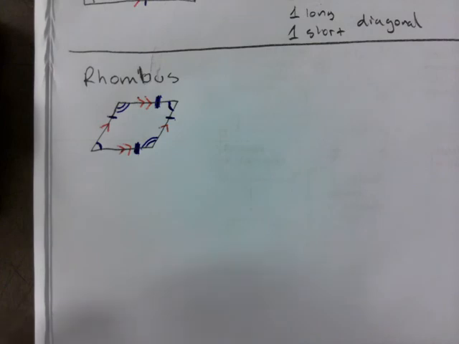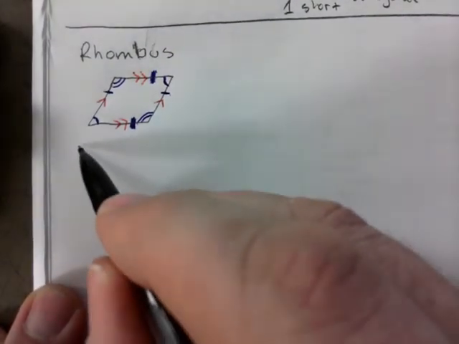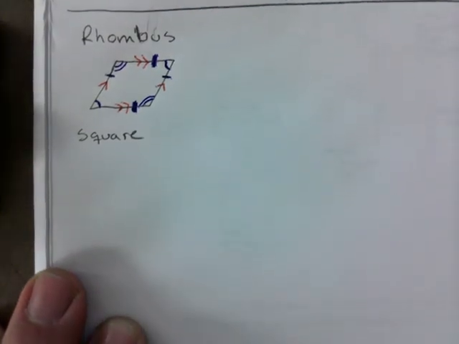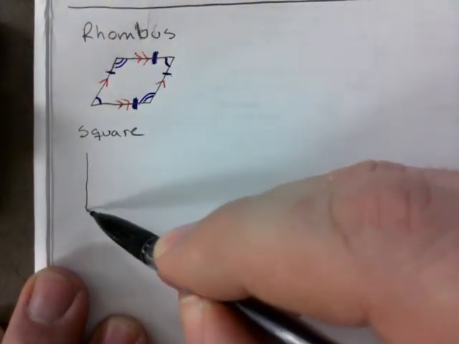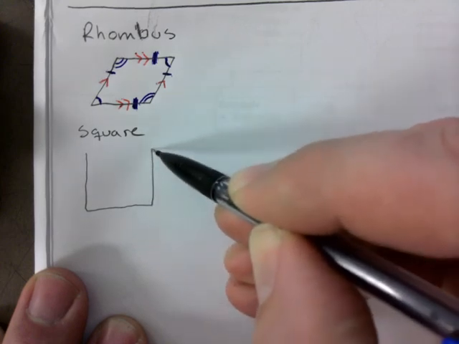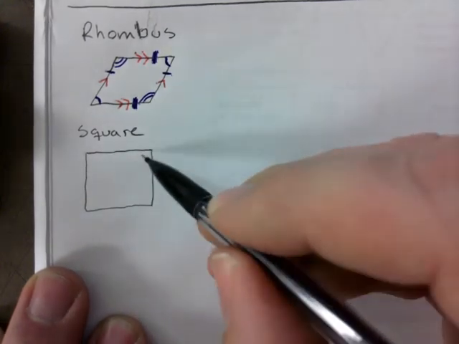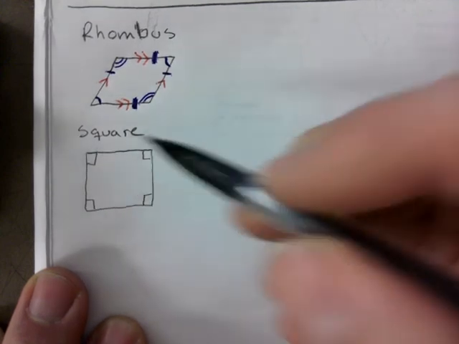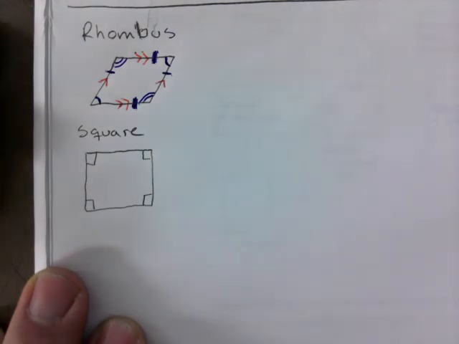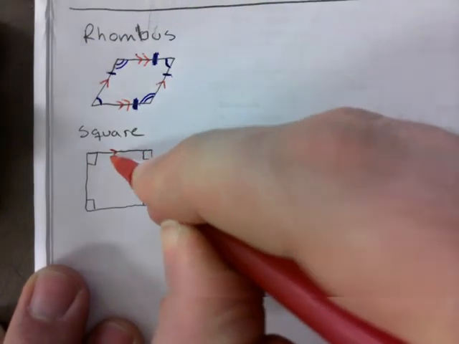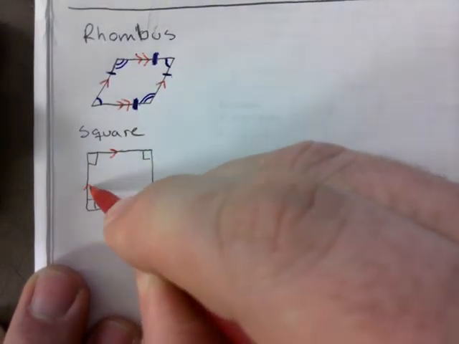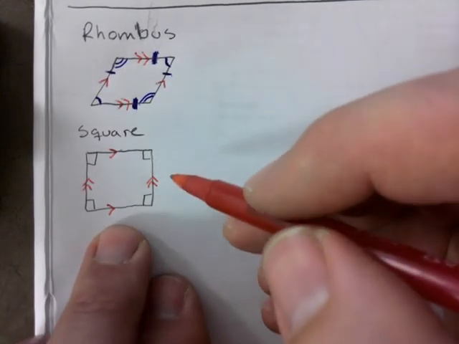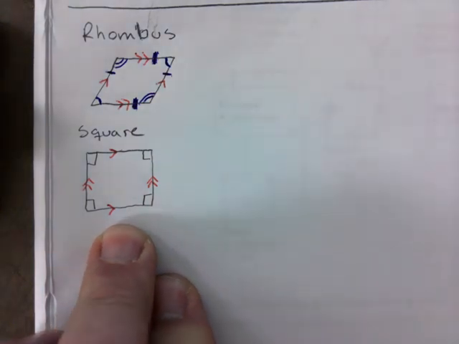And then we're going to do the square, which is the cousin of the rhombus. So let's just draw a square. And obviously, you would know that a square just has all 90s, that this side is parallel to that side, and this side is parallel to that. I know it's obvious sometimes, but I need those markings there if I ask you to identify.